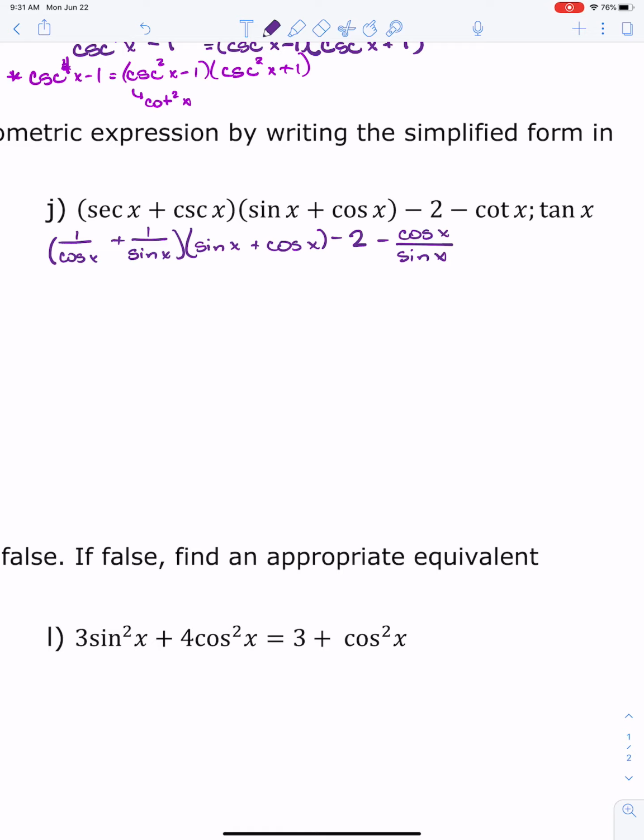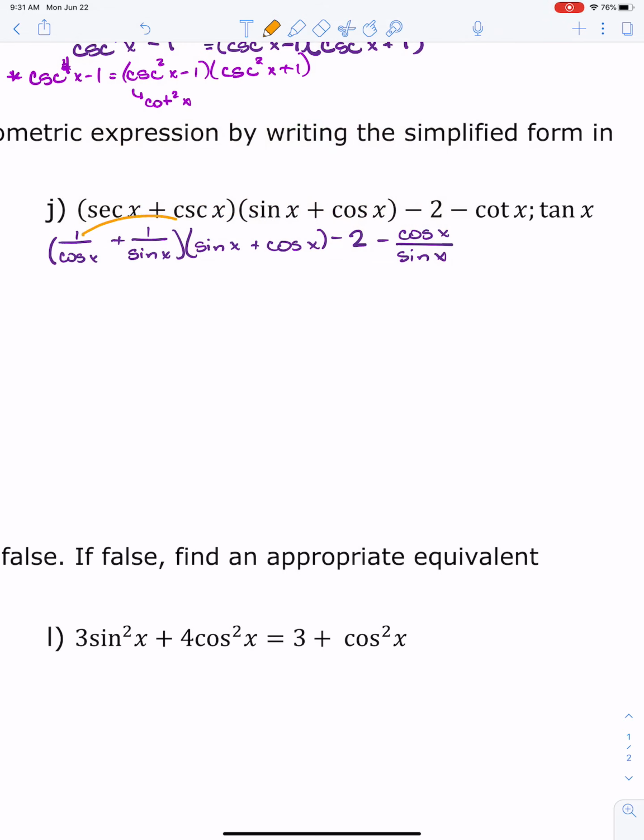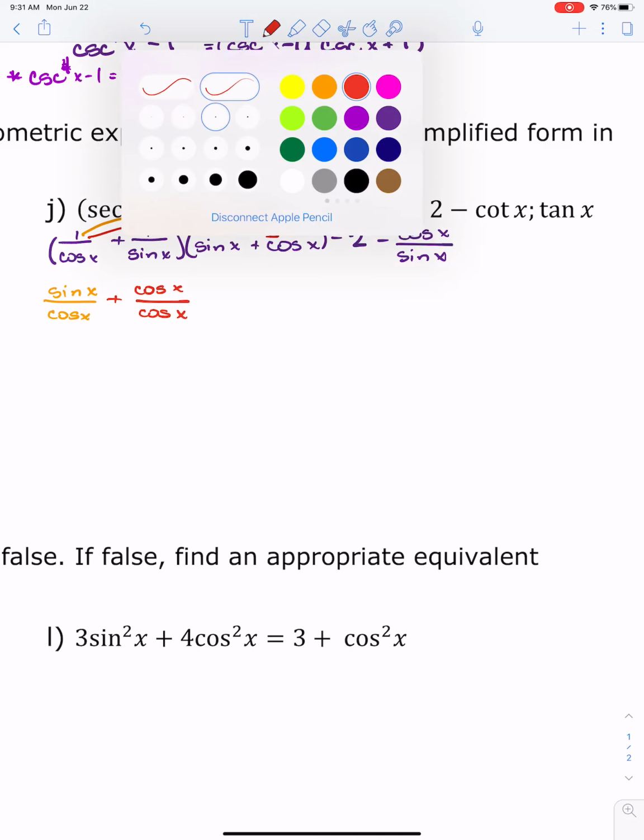Okay. Now I am going to multiply. Let's see if we can color code here. I get sine x over cosine x. I get cosine x over cosine x. We like that. That equals 1. Makes life a little easier.